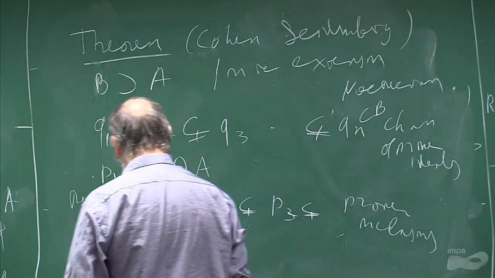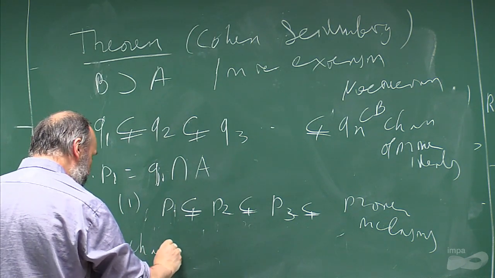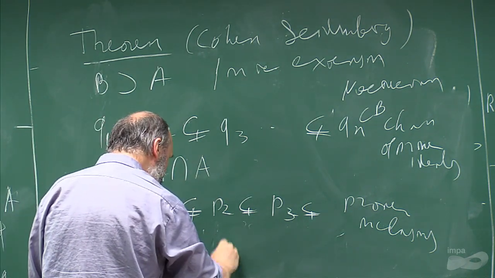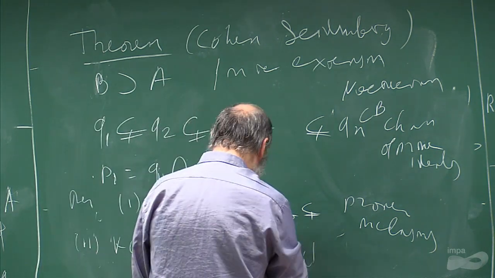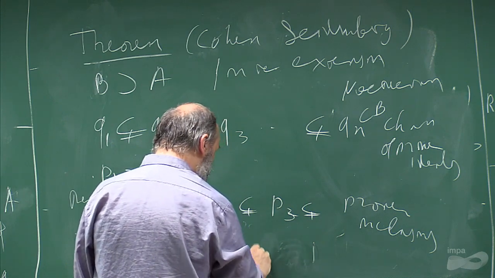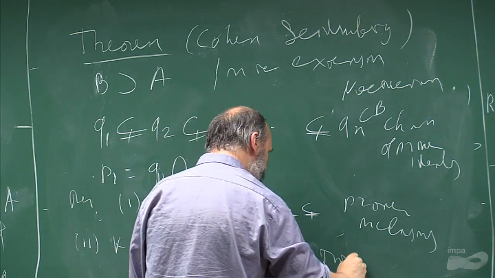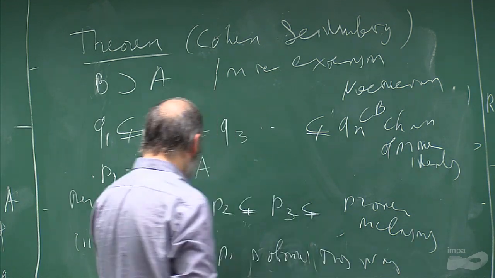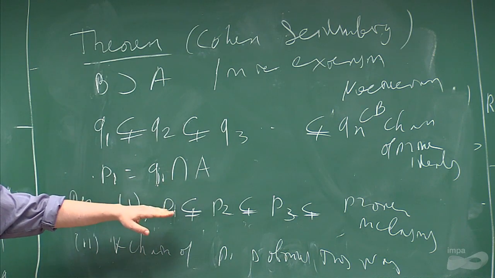They are not equal. And second, each chain of P_i is obtained this way. So if you have a chain of ideals in A, it can be lifted to a chain of ideals in B.